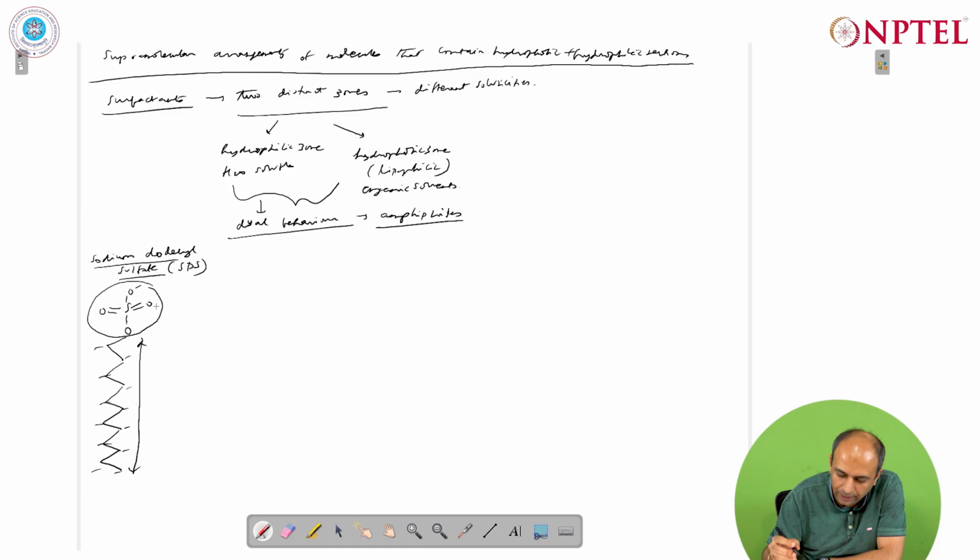Similarly, we can also have the phosphatidylcholine.